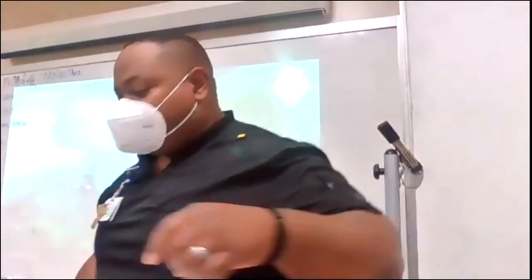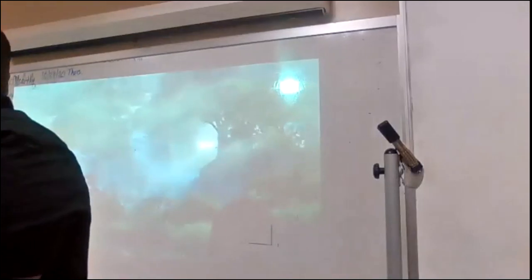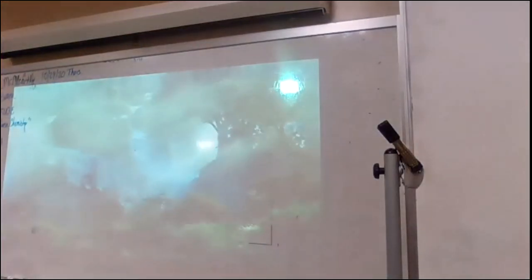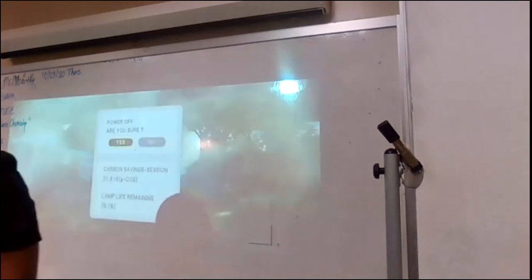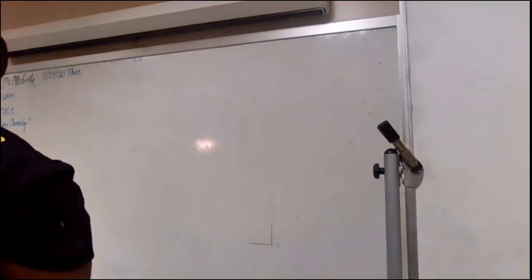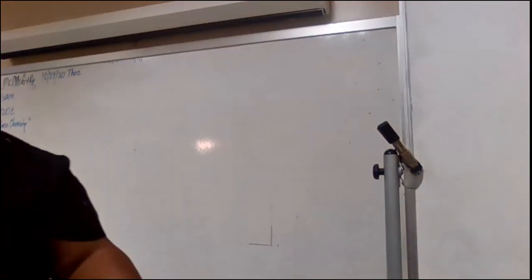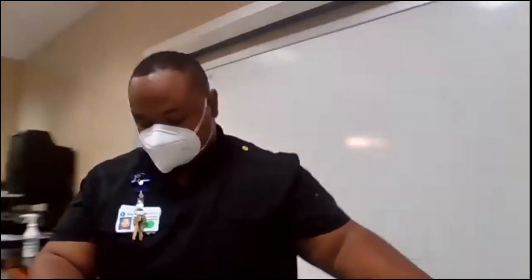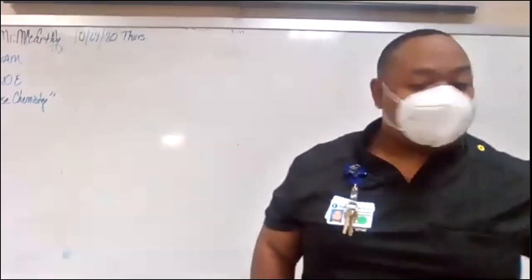Now, because I told you before, there's a difference between the percentages in the atmosphere. We have several different gases in the atmosphere. I'm going to show you where that 760 came from.